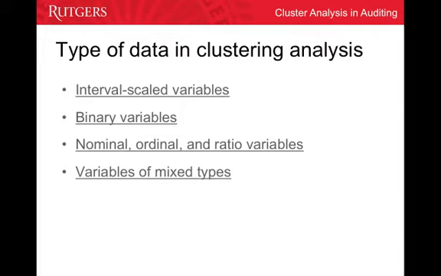Also, we have the binary variables, which are the dummy variables with 0, 1 values. And we also have the nominal, ordinal, and ratio variables that we also discussed in the descriptive statistics. And we may have mixed types of these variables.